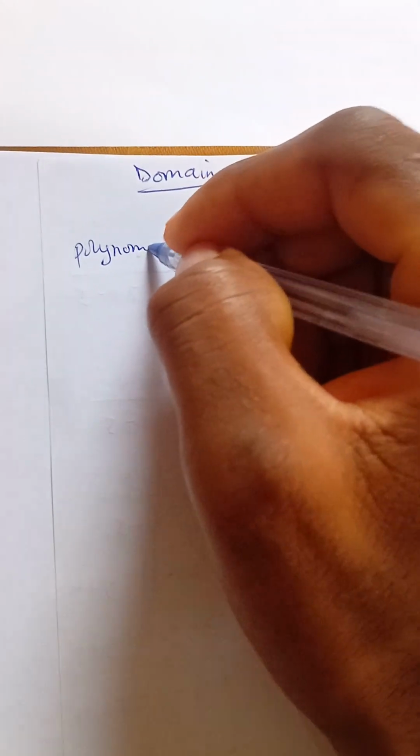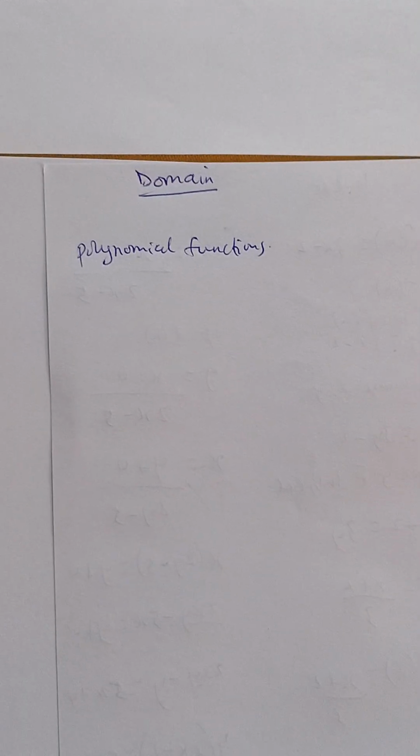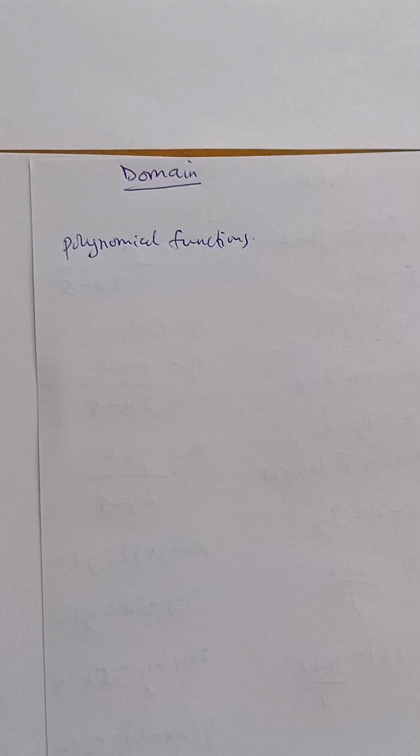So if you see a polynomial, for polynomial functions, every real number will make the function defined. What is a polynomial function? A polynomial function is a function where you'll be seeing variables and constants.